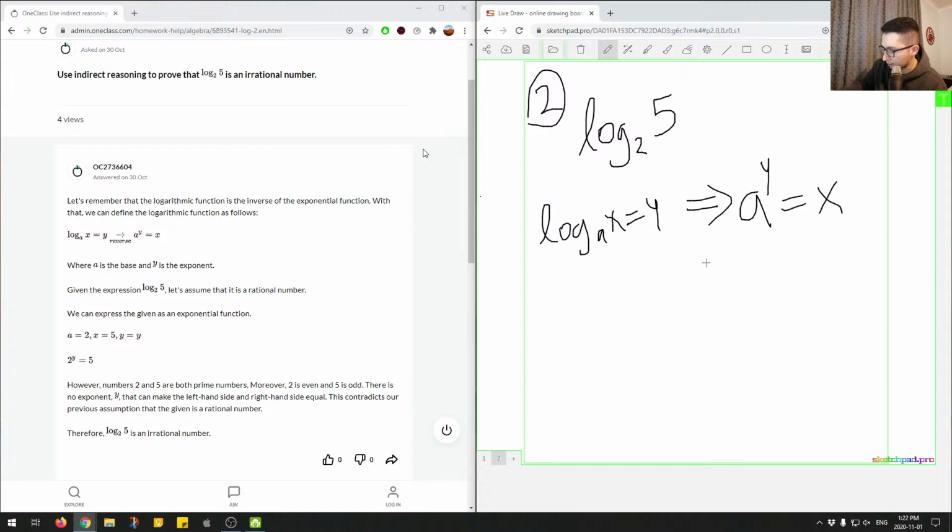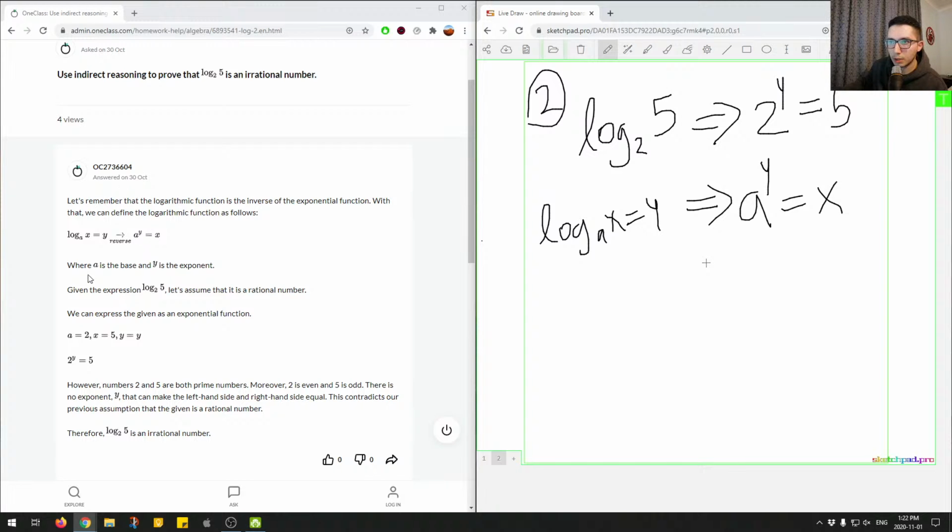So a is just 2, our y is unknown, so we'll just leave it as y for now. So 2 to the power of y is equal to x, and x in this scenario is 5 up here.